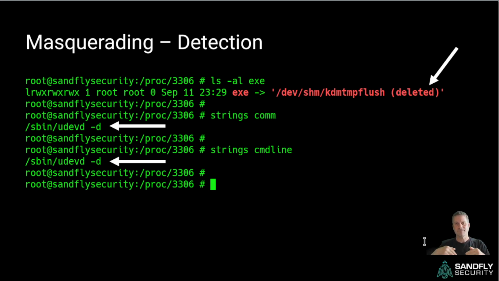But here, in the case of our masquerading process, we already see something really odd. Again, the exe, the comm and the command line, generally speaking, there should be some semblance of a match, right? So if you're running a web server like Apache or Nginx, usually the executable would be called nginx, and then the comm will have nginx, and the command line will be nginx with all the commands in it. Not always.